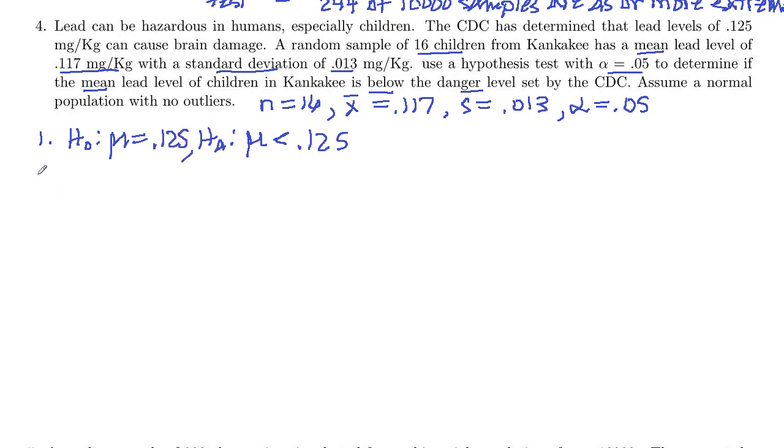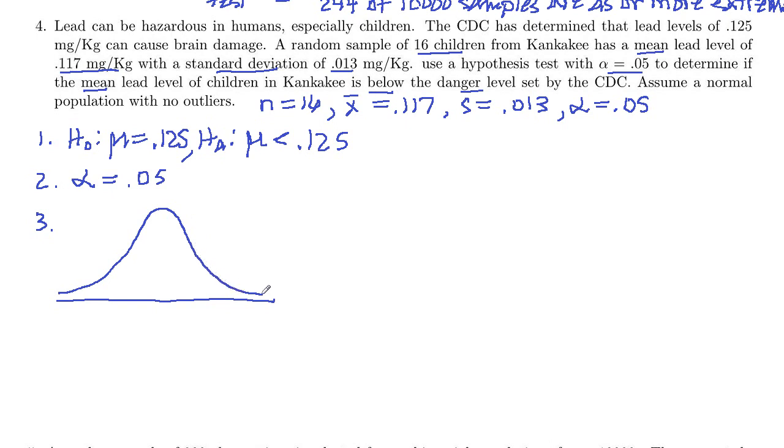So there's our H0 and HA. Step 2, choose our alpha. That was given to us as 0.05. Step 3, sketch our rejection region. So this is a lower tail test because mu less than. So here's our distribution. We are going to have a rejection region on the left here. So reject H0 there.